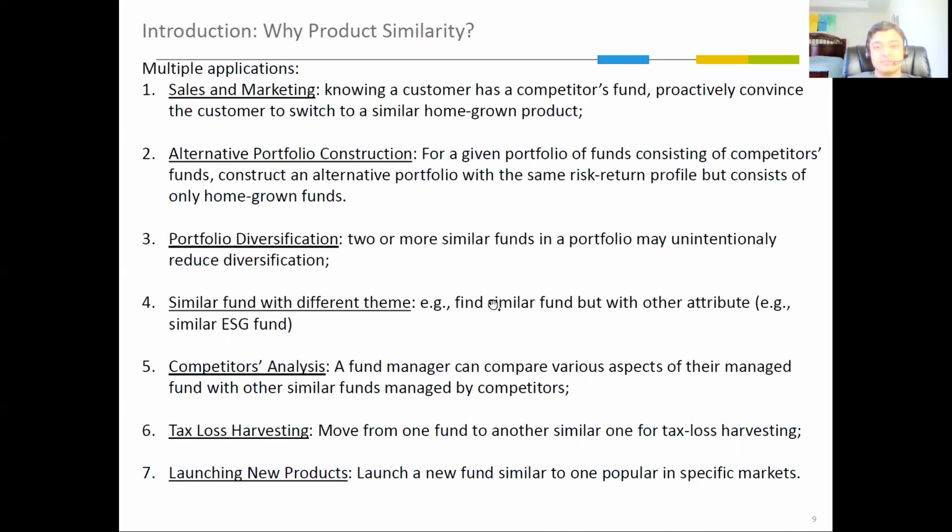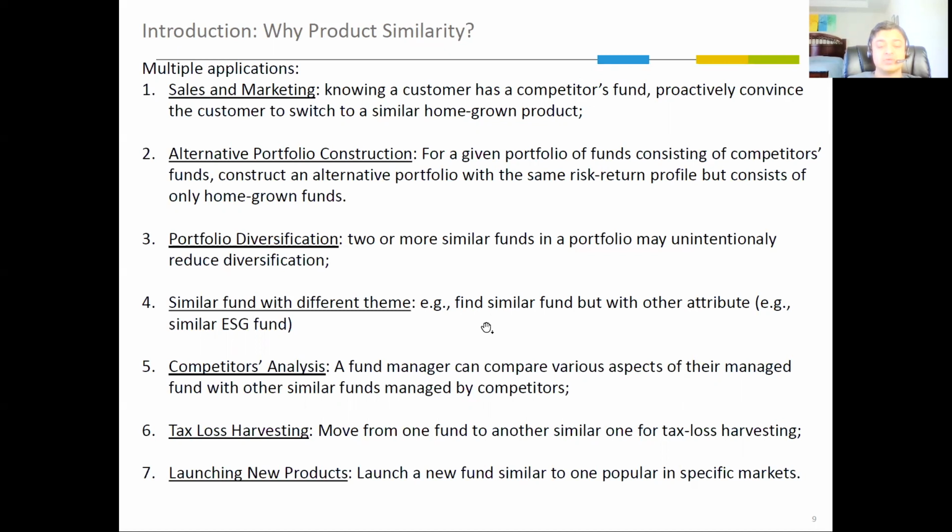This means that having both mutual funds would not increase the diversification in your portfolio, but rather decrease it. You can run this product similarity tool, identify all these similar mutual funds in your portfolio, and then replace certain funds with others to make the portfolio more diversified.